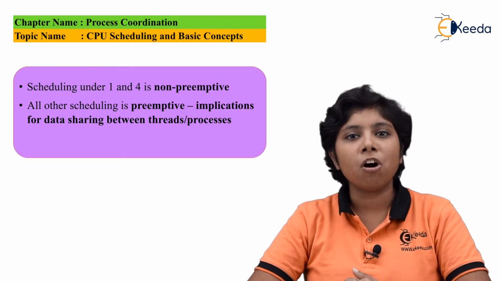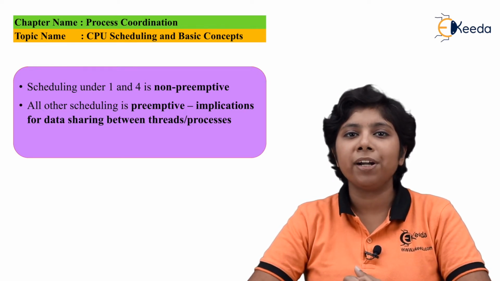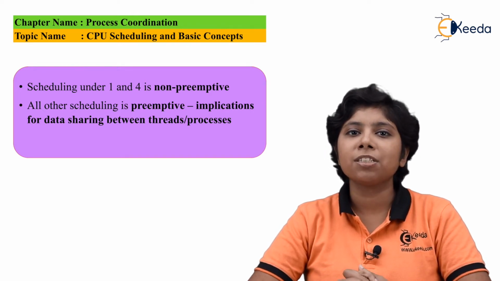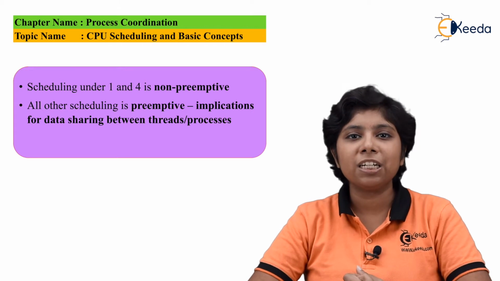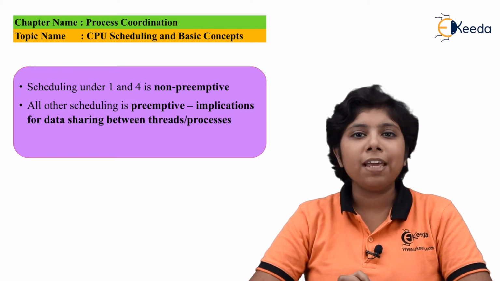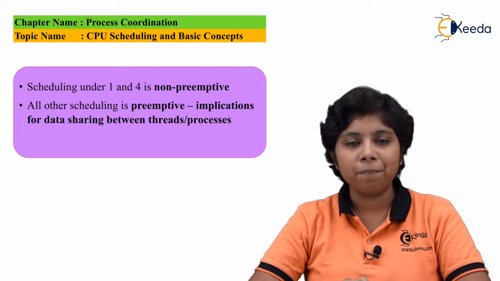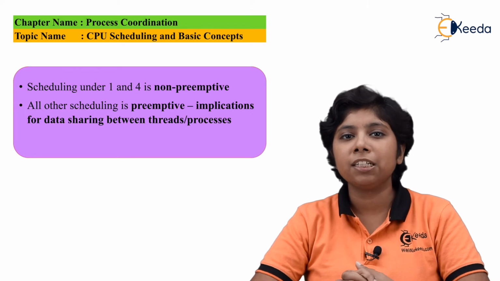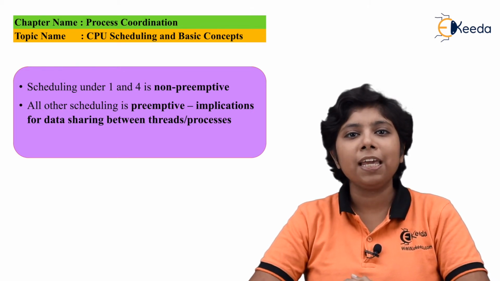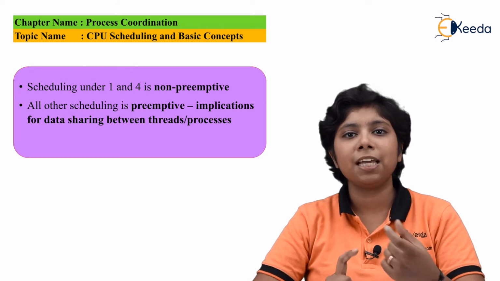Preemptive scheduling will also affect the design of the operating system kernel. When a system call is happening, the kernel is busy on behalf of the process. Now if there is preemptive scheduling and the kernel is updating or modifying a data structure, what happens if the kernel is preempted while updating that same data structure?